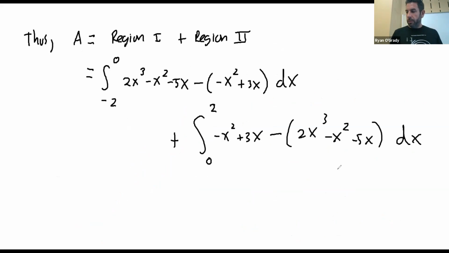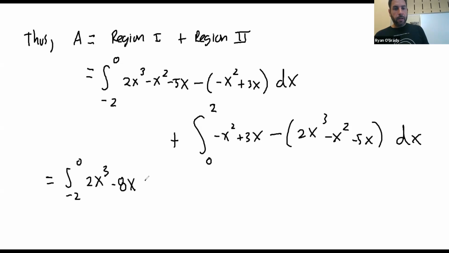Okay, so now this is not a terribly difficult calculation because these things are going to simplify. If you do a little algebra, you have 2x cubed, then you're going to have -x squared plus x squared, so they cancel, and then you have -5x minus 3x, so you get this, minus 8x dx.